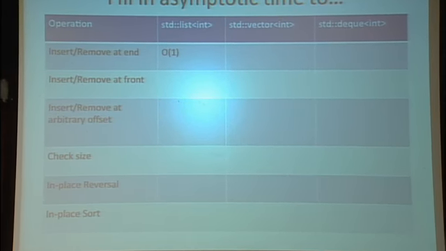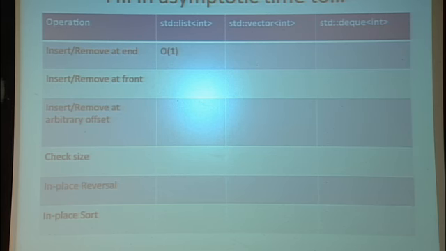So it's actually constant time. If you think about appending to the end of a linked list, it's just a matter of a couple pointer operations. How about inserting and removing at the front? Constant? Cool. Linear? Okay, I'll stop picking on people now.